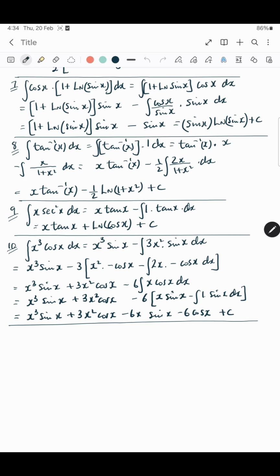And then on the next line, x cubed sine x plus 3x squared cos x minus 6, and then using integration by parts yet again, that will be the first, which is x, times the integral of the second, which is sine x, minus the integral of the first differentiated, which is 1, times the cos x integrated, which is sine x. And so on our final line, we'll now have x cubed sine x plus 3x squared cos x minus 6x sine x and minus 6 cos x.